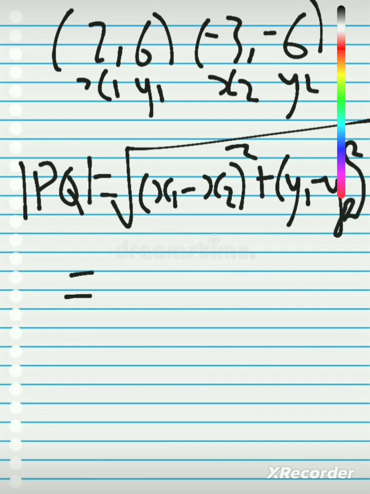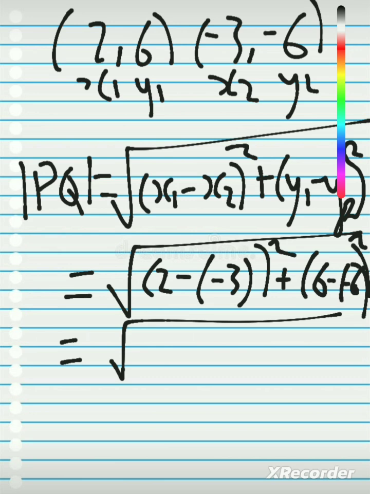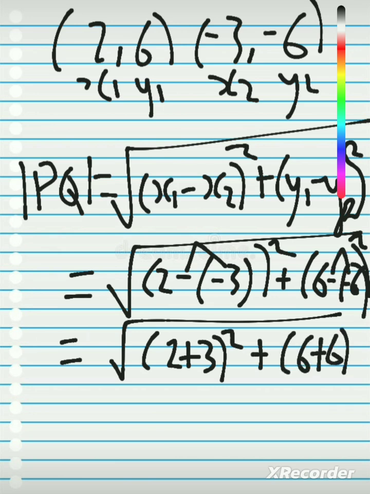So it's going to be equal to the square root of, what's our x1? Our x1 is 2 minus, what's our x2? Our x2 is negative 3. We put them in brackets to avoid double negatives. Power 2 plus y1, 6, minus y2, which is negative 6, again in brackets, power 2. Negative times negative is plus, so it's 2 plus 3 power 2 plus 6 plus 6 power 2.